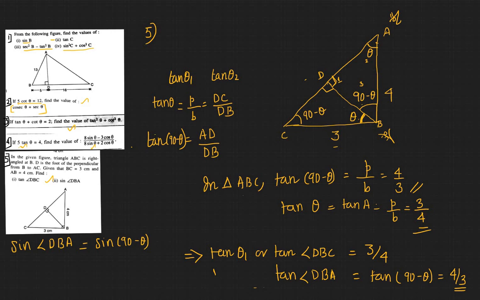And sine of 90 minus theta is also equal to sine C, and that is equal to perpendicular by hypotenuse. So if this is 3, this is 4, this whole thing should be 5. So sine C would be perpendicular by hypotenuse, which is equal to 4 by 5. So that would be our answer.